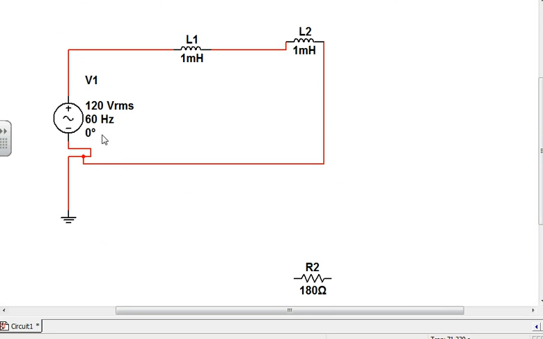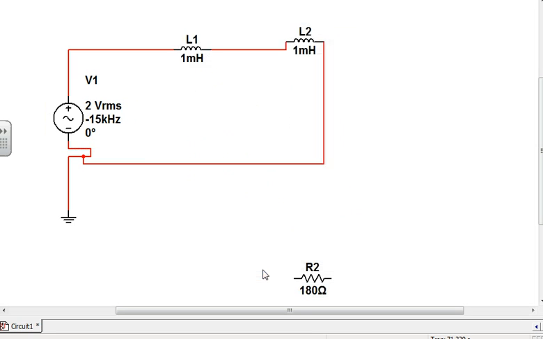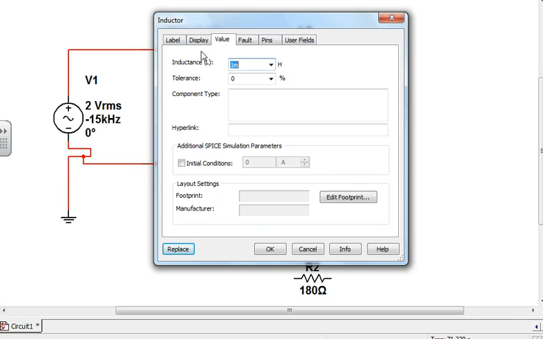And we're going to go 2 volts. And the frequency we want is minus 15K. And we want this guy to be 470.